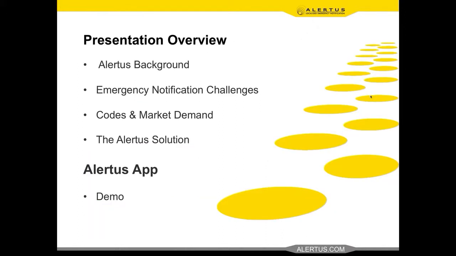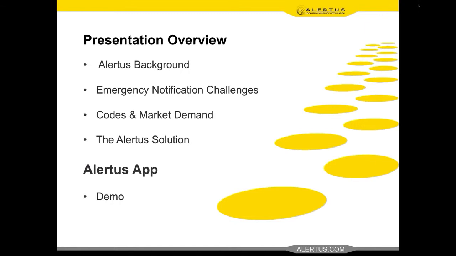So to touch on what we're going to cover today, we're going to go through an Alertus background, just a brief description of Alertus if you're new to investigating Alertus Solution capabilities, the challenges that we help your organization with, some of the codes and market demand that we're seeing out there that are creating the need for Alertus mass notification solutions, and then a brief introduction to the solution and how we can use existing assets, devices, and capabilities that Alertus brings and manufactures to blend that together to provide a full mass notification solution for your facilities.